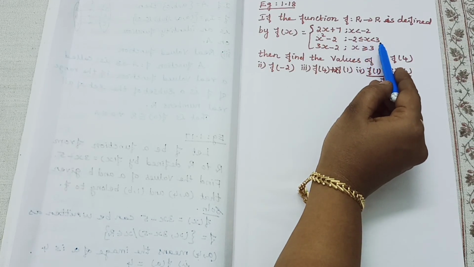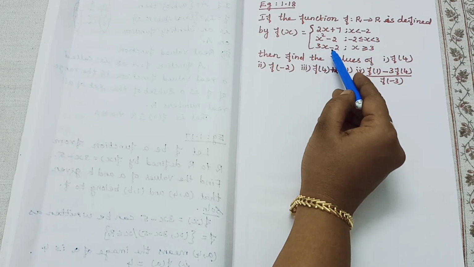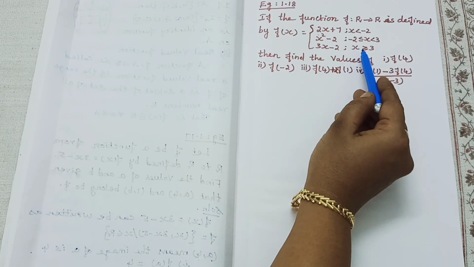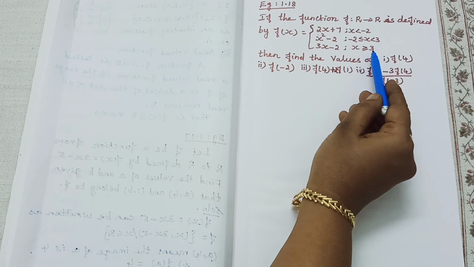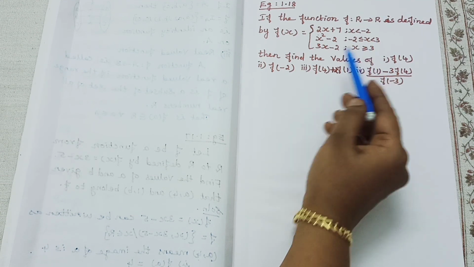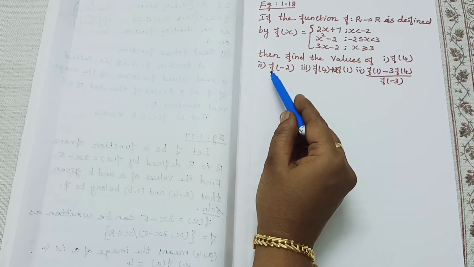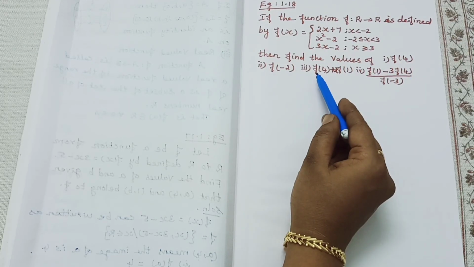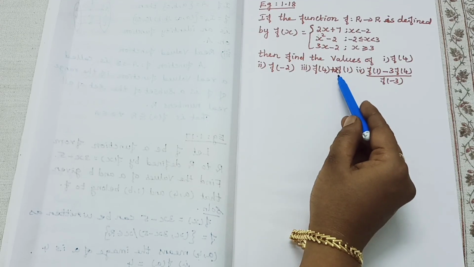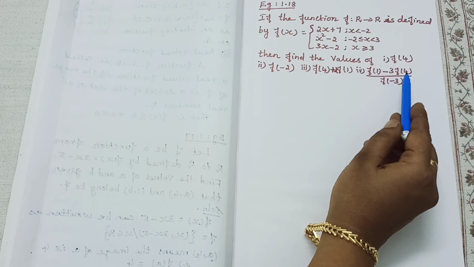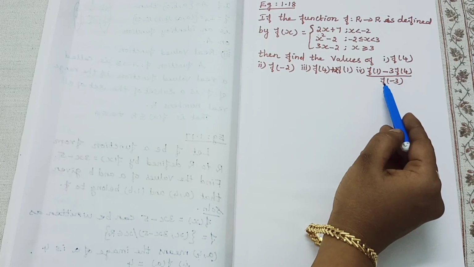Then if the function f is from R to R, it means real numbers, isn't it? Both R and R, A and B, both are real values. Real values means negative values, 0, positive values, decimals, all values will come.